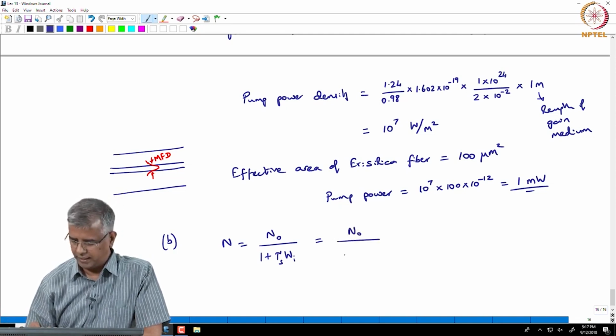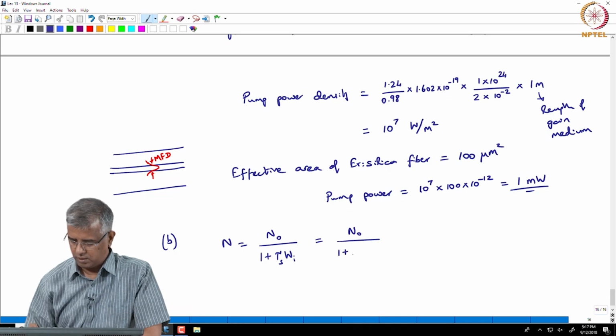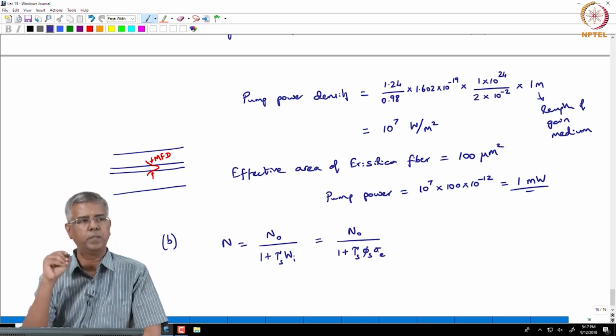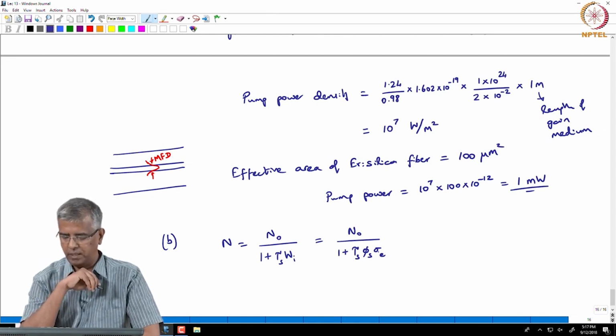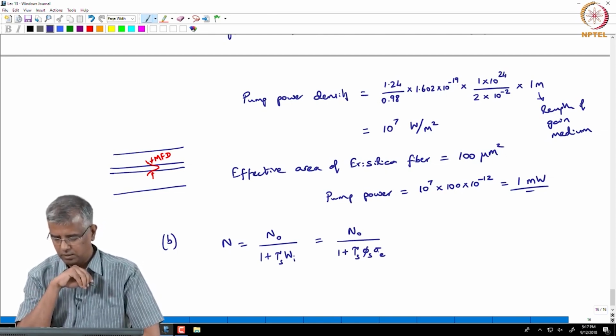So, I can write it as n naught divided by 1 plus tau s phi s multiplied by the transition cross section, let me pick the emission cross section.